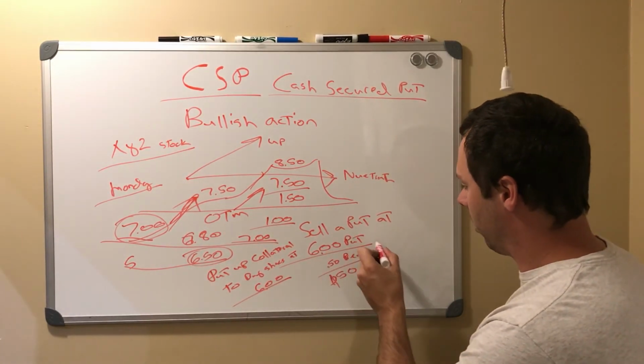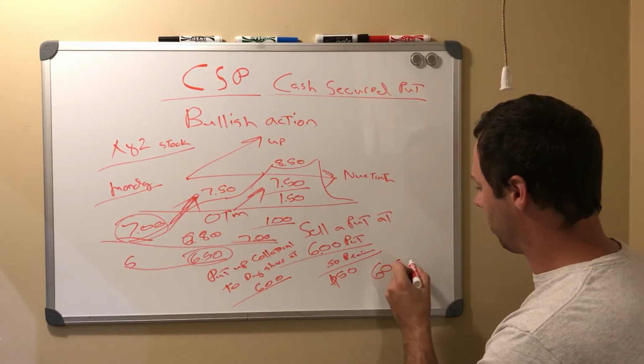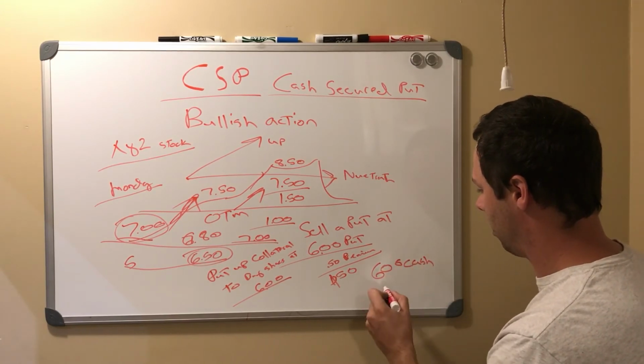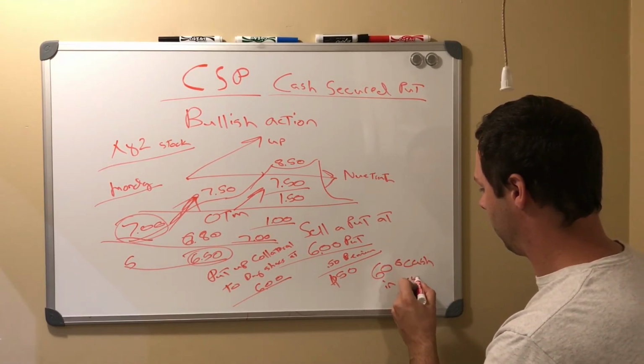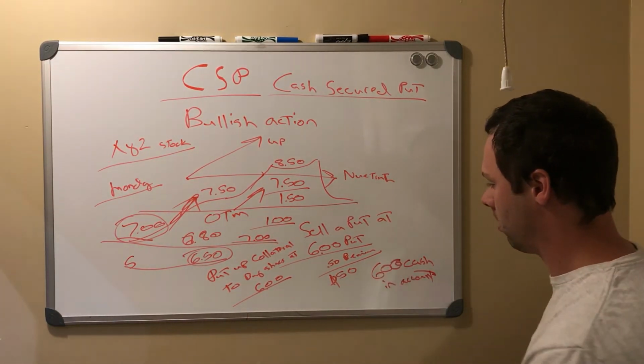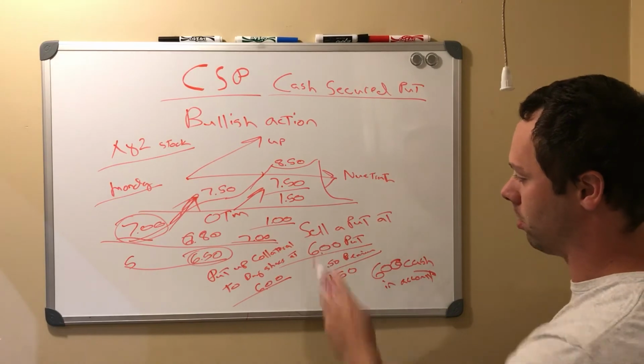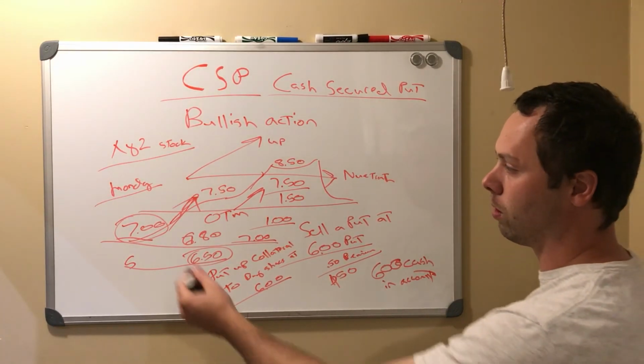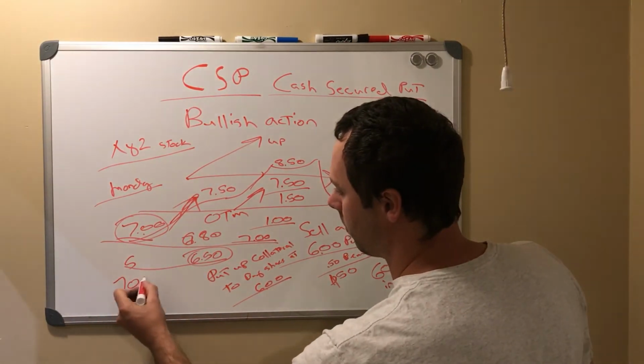So I sell the put. I have to have $600 cash in the account to buy the shares at the $6 strike price, whereas if I sold the 7, I'd have to have $700.